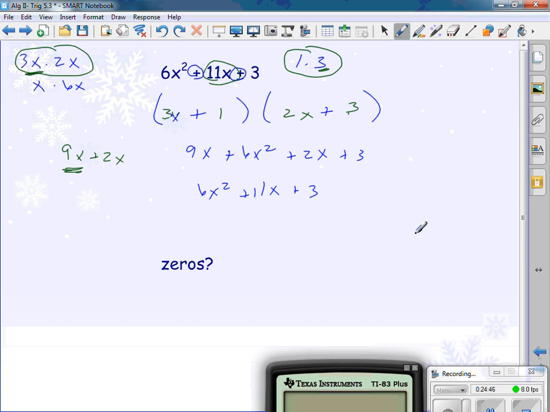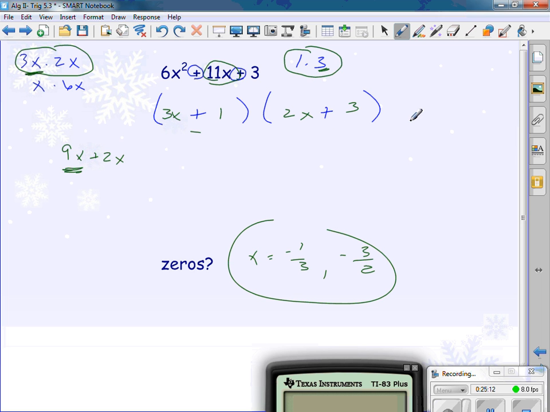So I got the same answer. What are my zeros? Negative 1/3, because I subtract 1 divided by 3, negative 3/2. Subtract the 3 over, divide by 2.